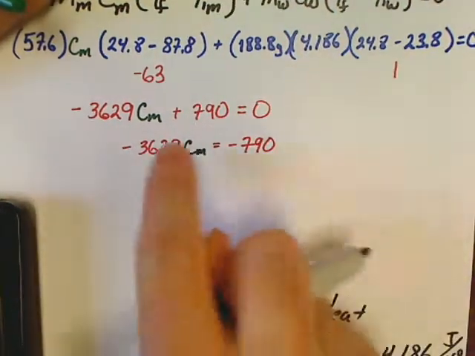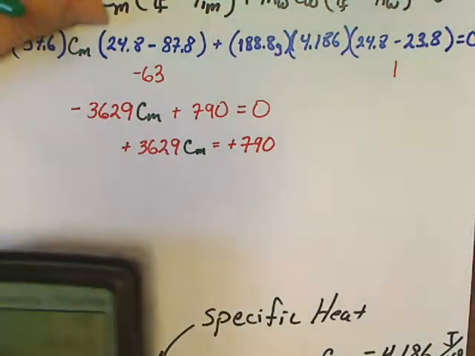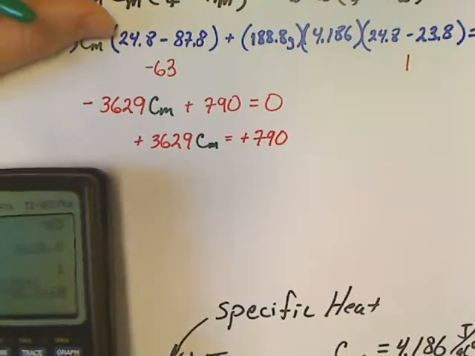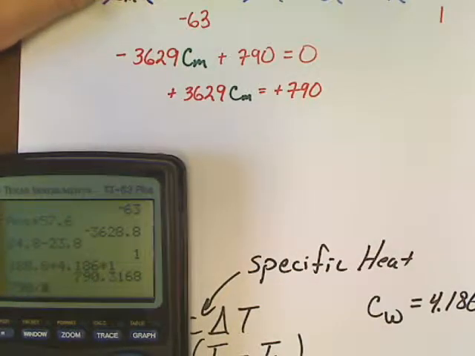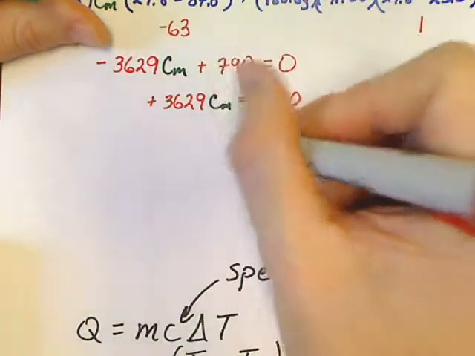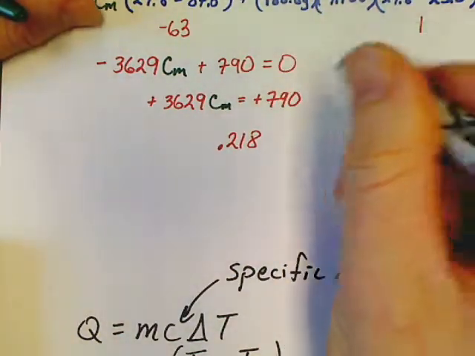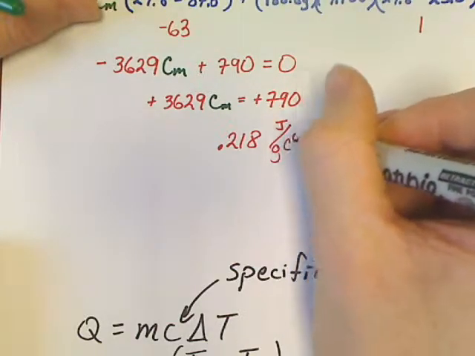Well, I love this. My negatives cancel, so plus, plus. And now let's do a little division. 790 divided by, here comes the drum roll, divided by 3629 is 0.218. Well, I do not have very good numbers here. 0.218, and this would be J over gram Celsius degree.